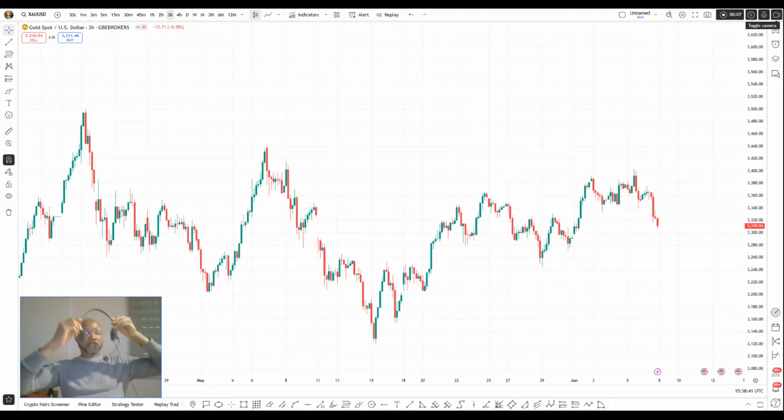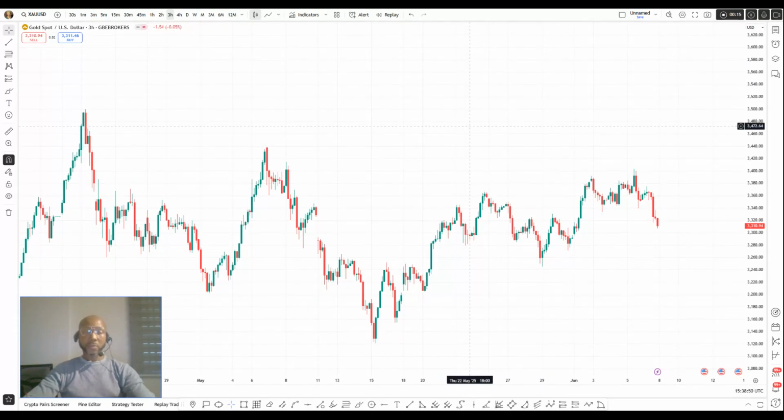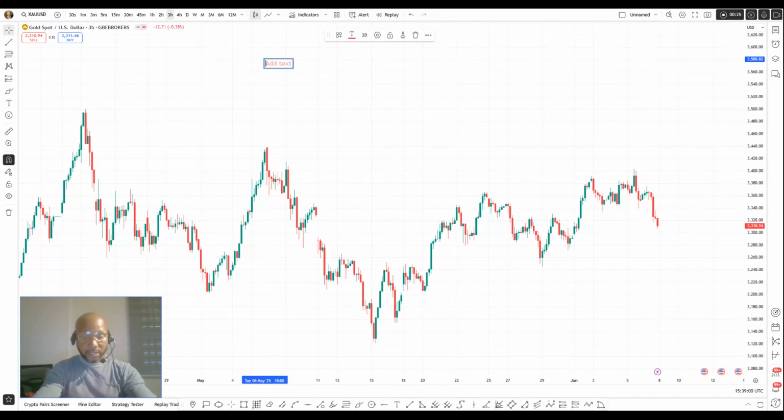Shavyfxhub. Let's look at the structure of gold. We've already dealt extensively on this, and I'm just trying to make a new chart for the week.